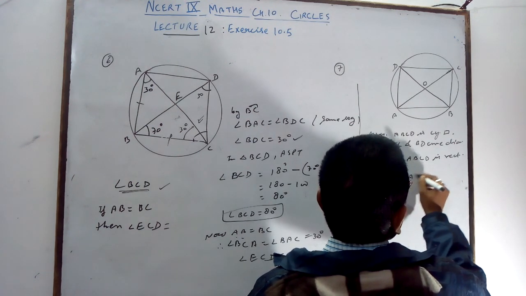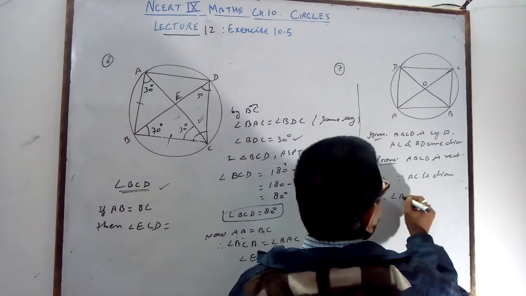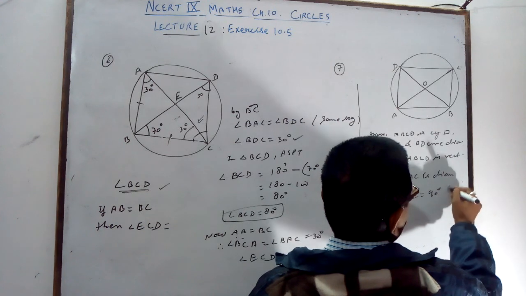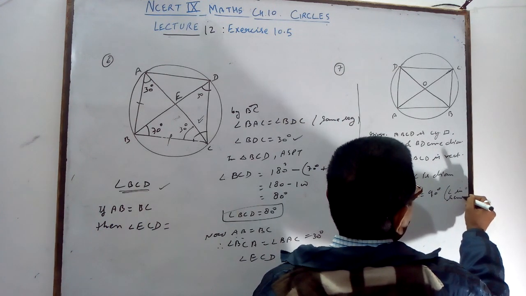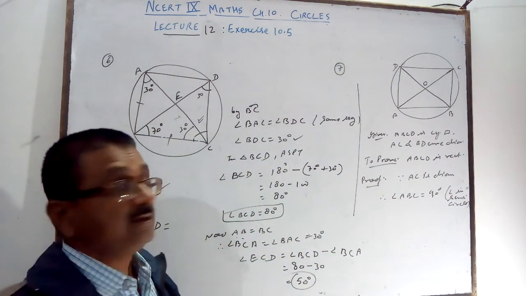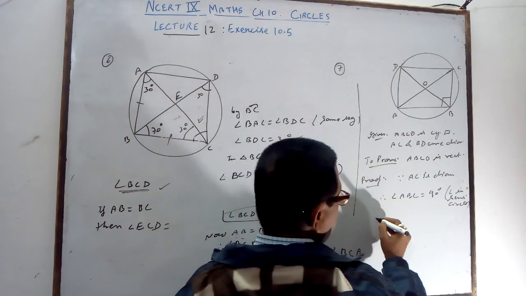Because AC is diameter, angle ABC is equal to 90 degrees, as angle in a semicircle is 90 degrees.